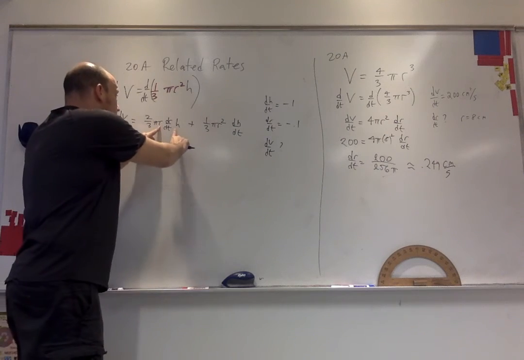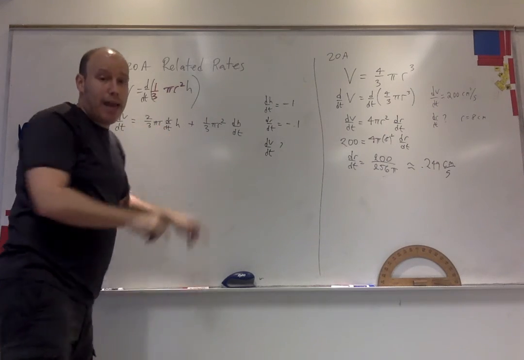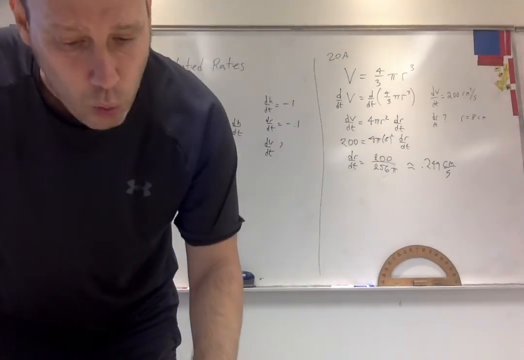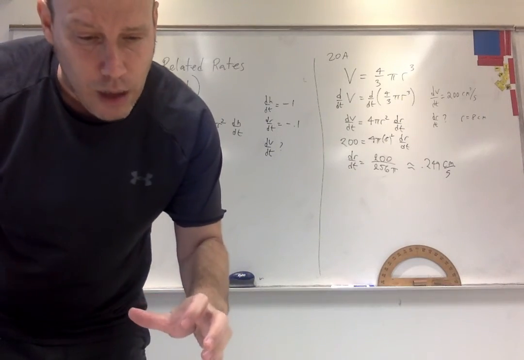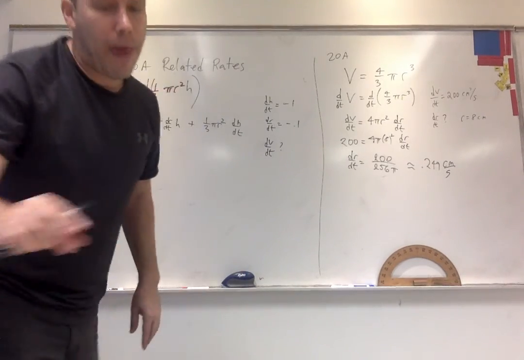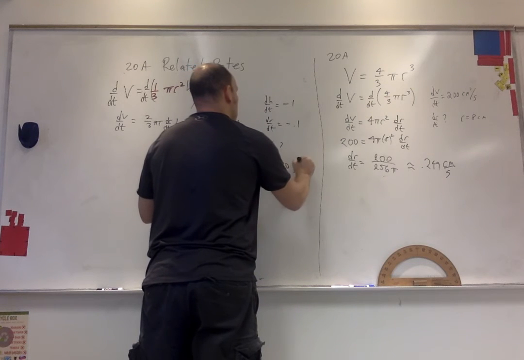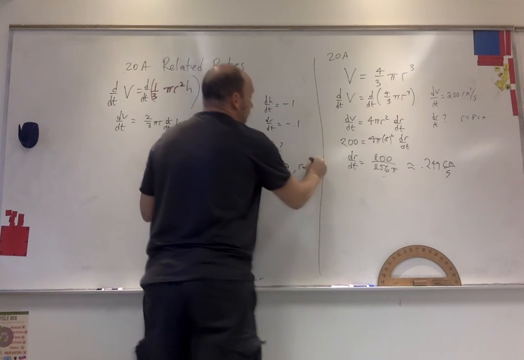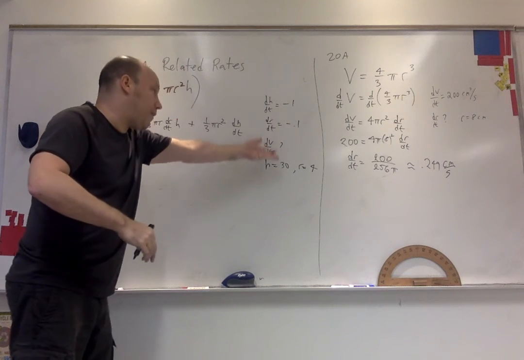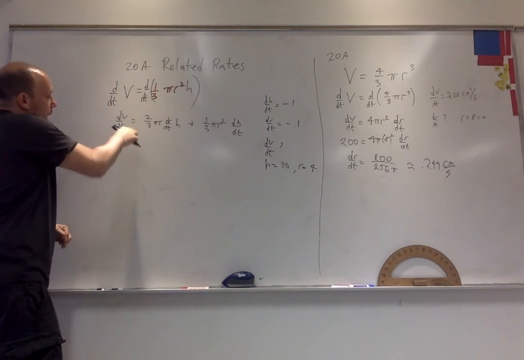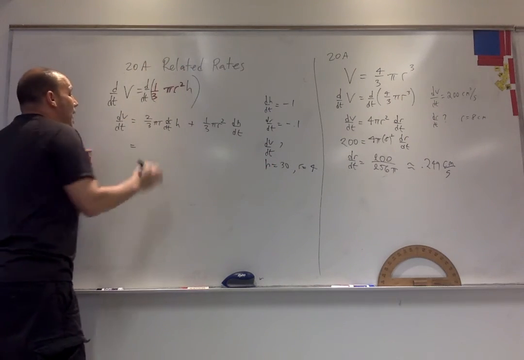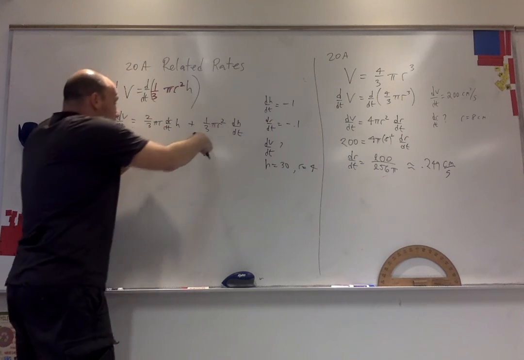So my question better give me this r and this h. Well, oh look, it gives it. What happens at the moment when the height is 30 and the base is 4? Height is 30 and the radius of the base is 4. We have all the information. We're just missing this last piece. Plug it in, get the derivative, plug the information in.